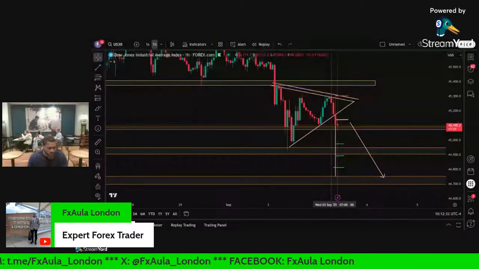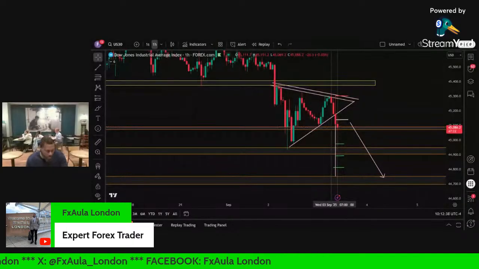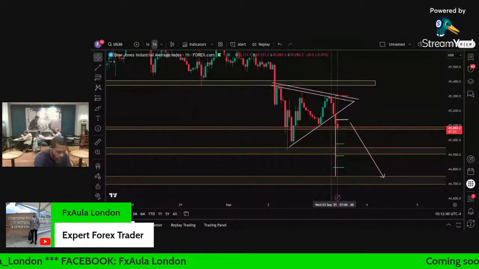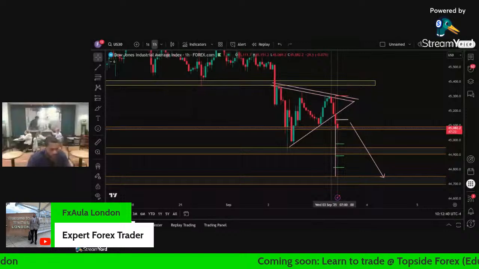The price seems to be going in our direction. That's a good thing. I really wanted to close this zone before we consolidate a bit.